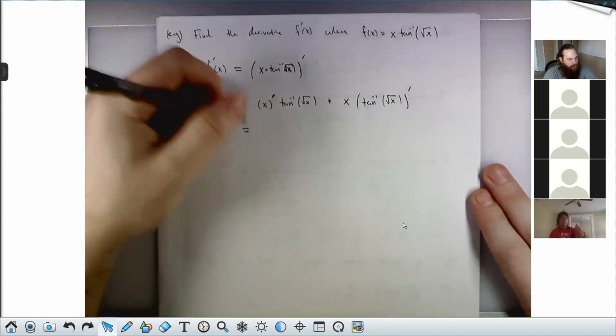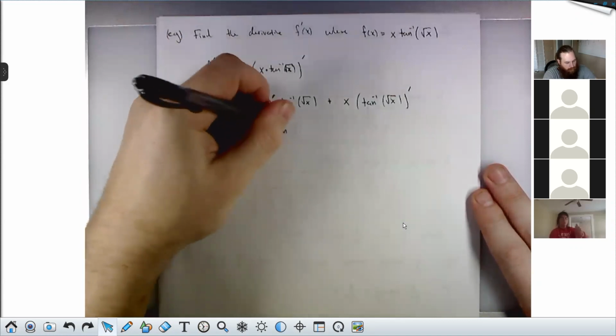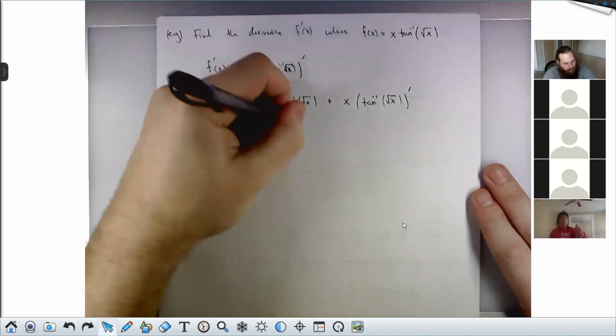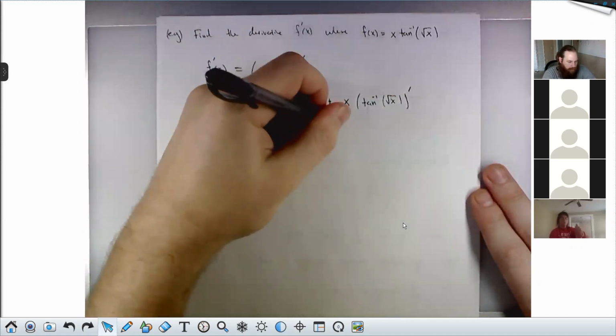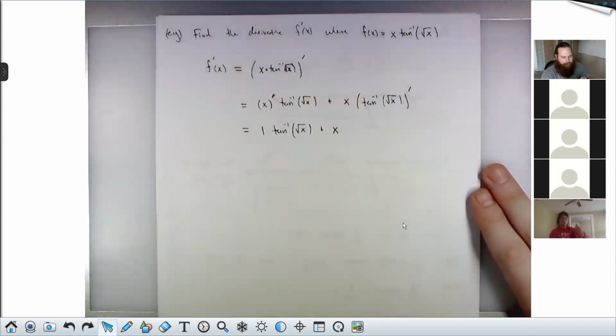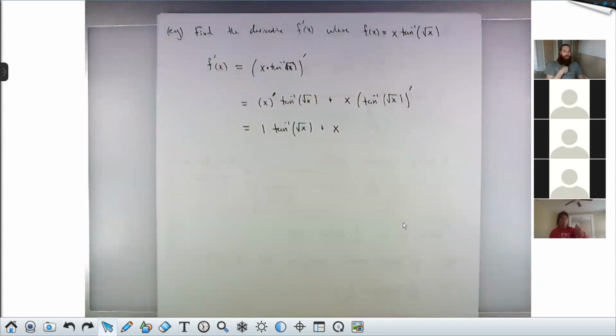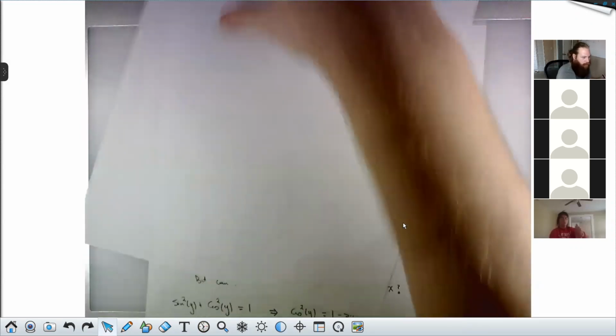The derivative of x is just 1. So this is 1 times arctan, or inverse tangent, of square root of x, plus x times, and then I need to figure out what this is. It's definitely a chain rule thing. Remember the derivative of the inverse tangent function. Here.